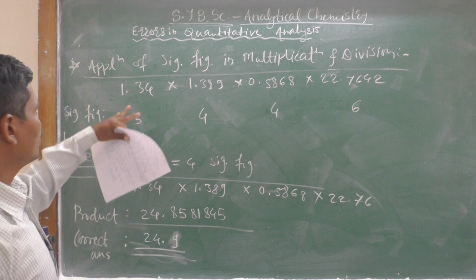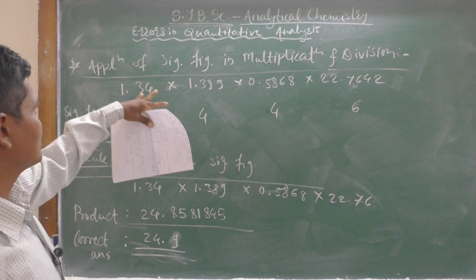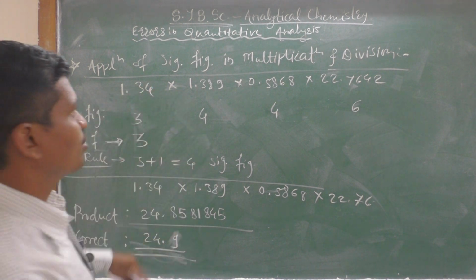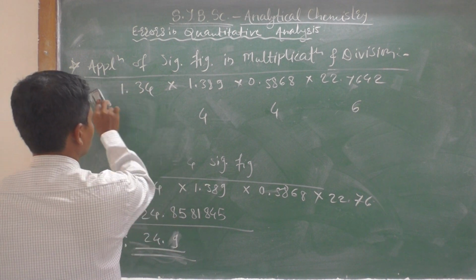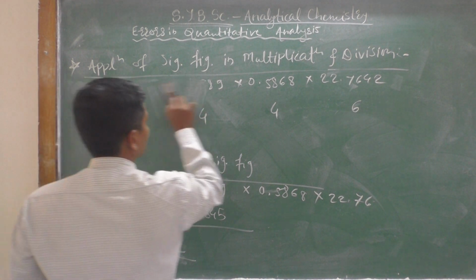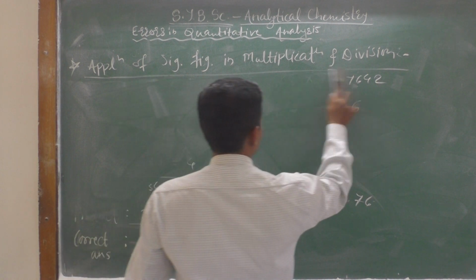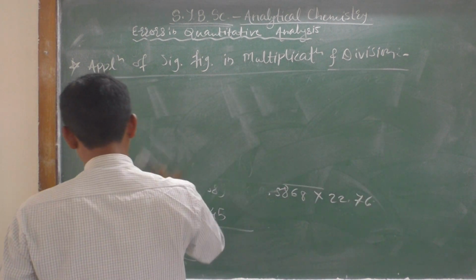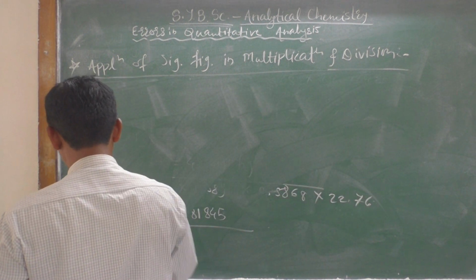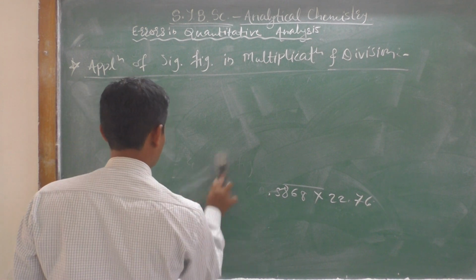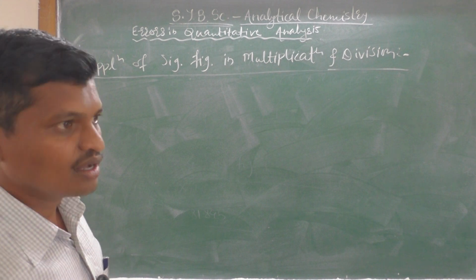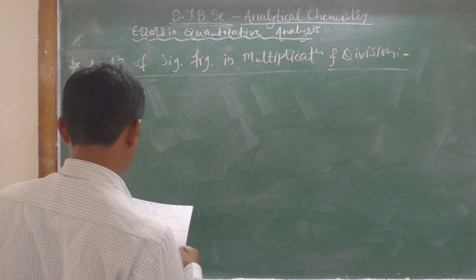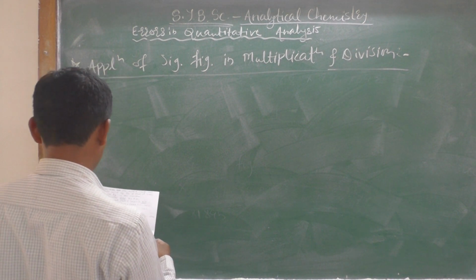Okay, now the last point is the application of significant figures in division. Now we will see some problems of division, then you will be able to write or obtain the results as per the concept of significant figures.